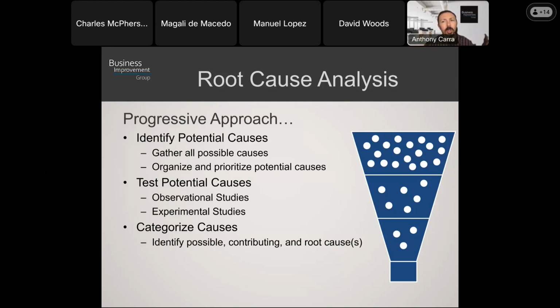Once we've exhausted that brainstorming activity and collected all those ideas, we can organize and prioritize them and begin to systematically whittle that down. Process of elimination is always a great technique.